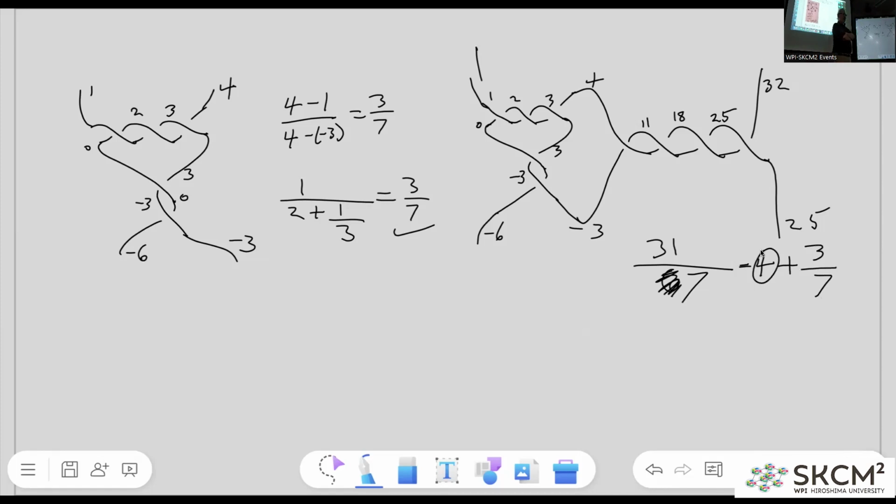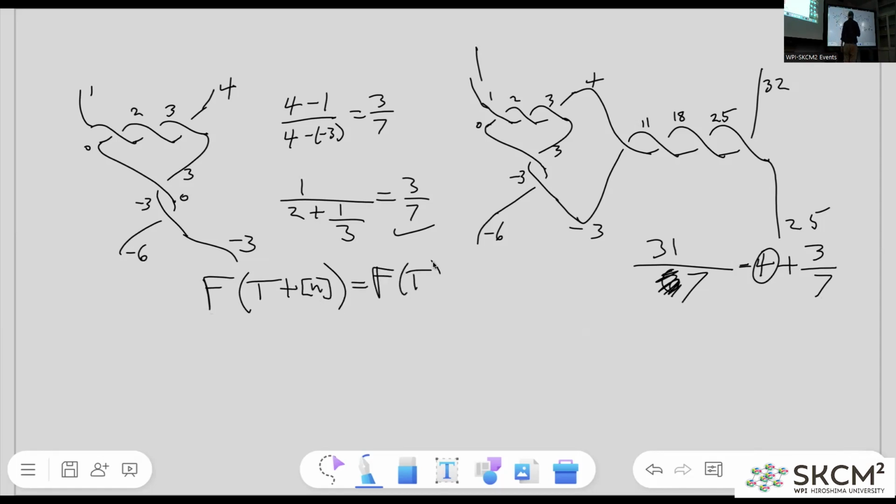So you could write down a proof in general and get that the fraction of the tangle plus n is equal to the fraction of the tangle plus n. Okay? And you should try the rotation by 90 degrees yourself.